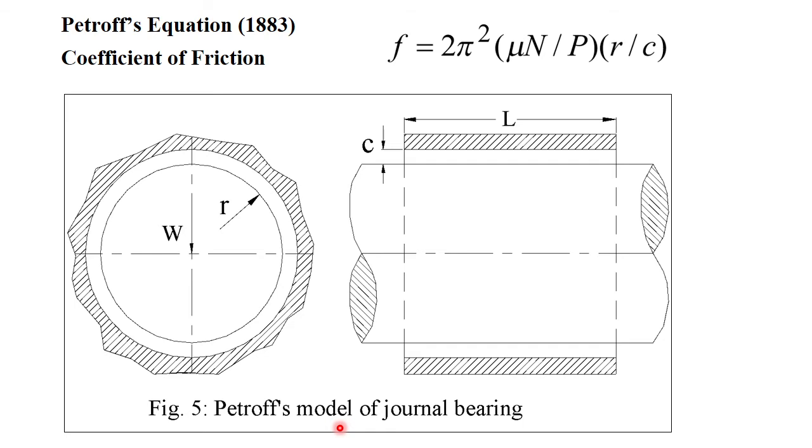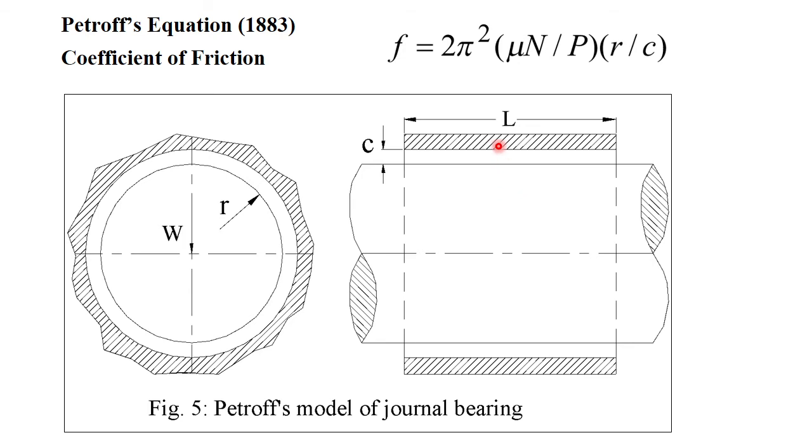Now, coming to our experiment part, this hydrodynamic action, in this development there is a long path actually. I didn't discuss the historical development in tribology, but one important relation was given by Petrov in 1883. There is a theoretical background behind this, but the idea is that this shaft and the bearing, this part is the journal, which is inside the bearing.